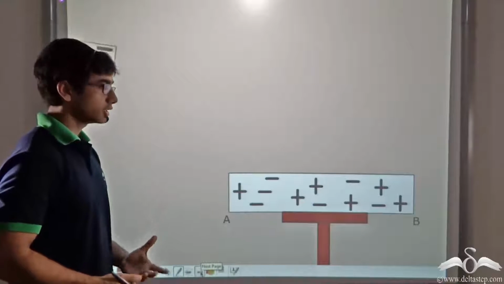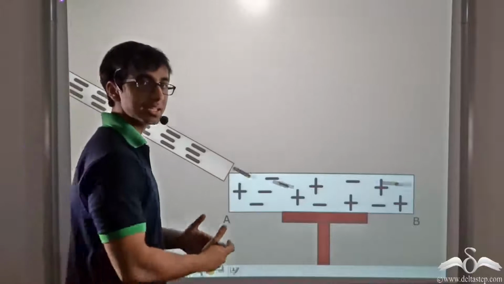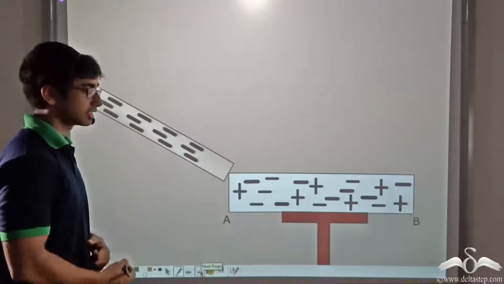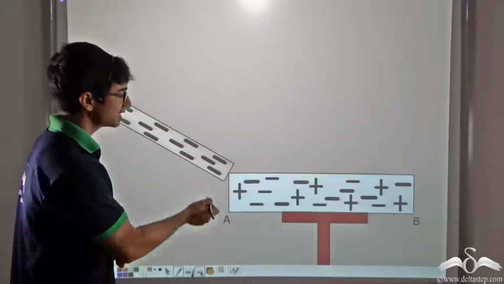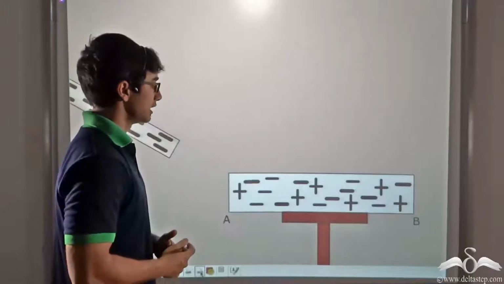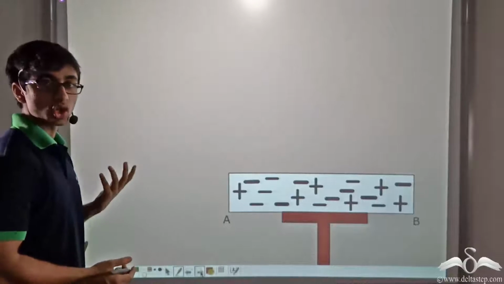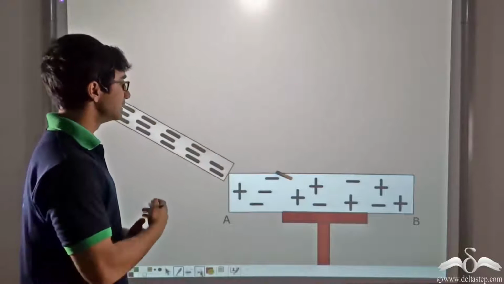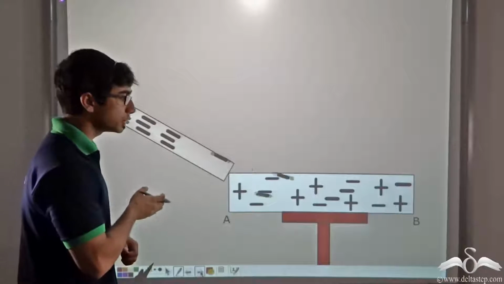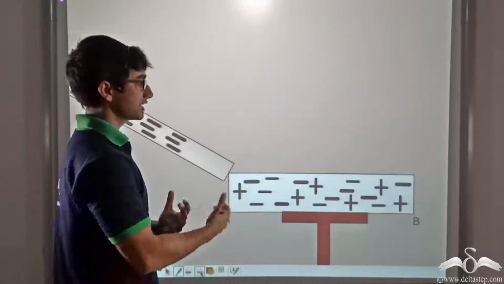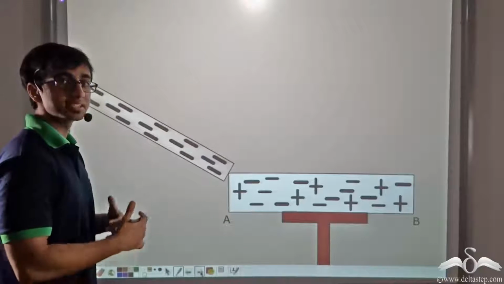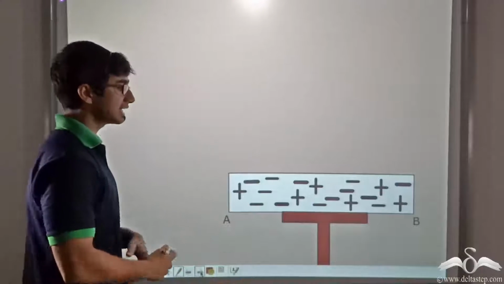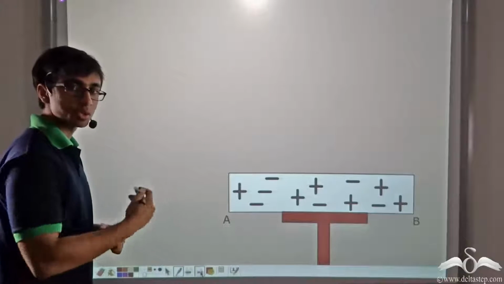Consider a neutral rod AB that has been kept on an insulating stand. Now over here, a negatively charged rod is brought in and it is touched with the rod AB. Since the negatively charged rod has an excess of negative charges, these negative charges flow into the conductor AB. Conductor AB is now getting an excess of electrons, whereas earlier it had an equal number of electrons and protons.